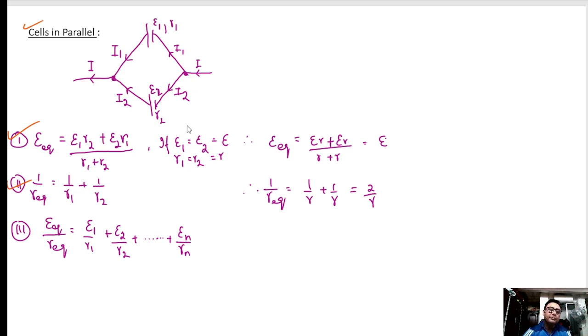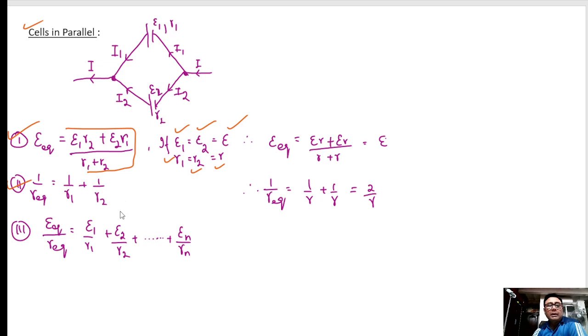Now watch one thing. If the EMF of the first and the second are equal to E, and the internal resistance of the first and second are equal to R, then this formula will get converted. So in this case, the equivalent resistance will be 1 by R1 plus 1 by R2.